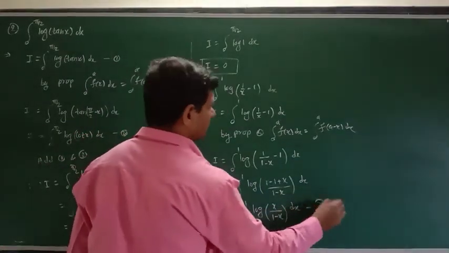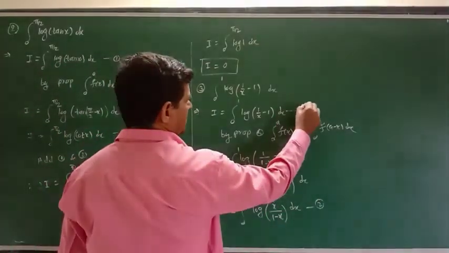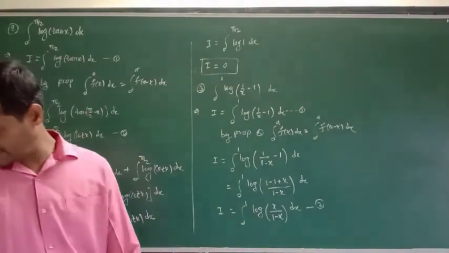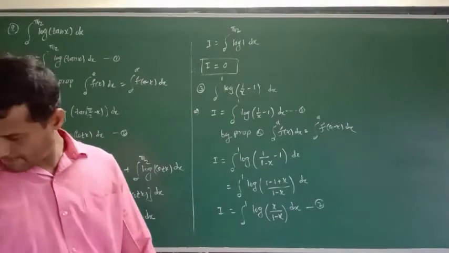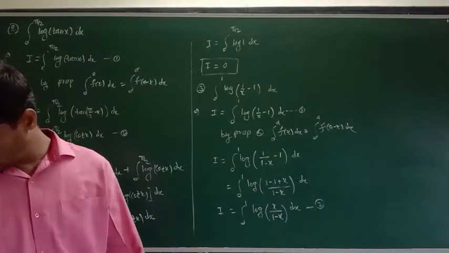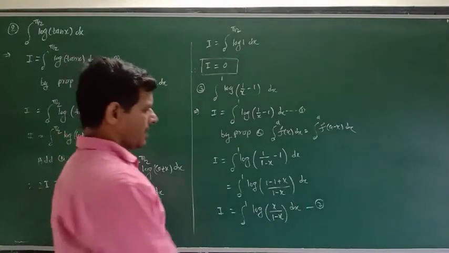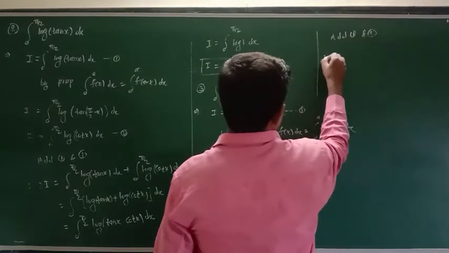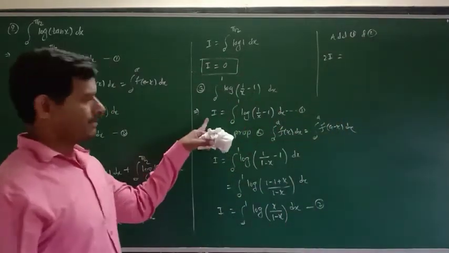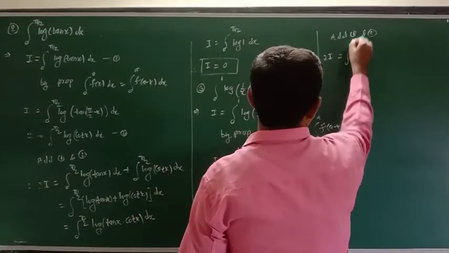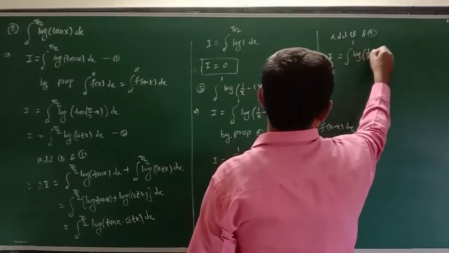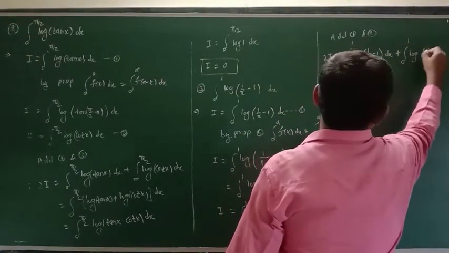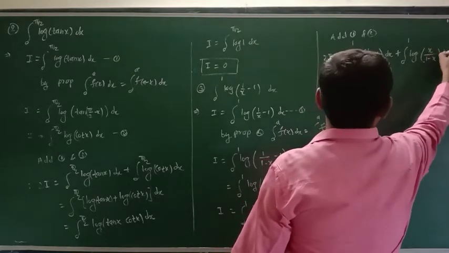I is equal to this; the first is equation first and this is the second equation. So if I add these two equations, adding first and second, on the LHS I get I plus I, 2I, and it is equal to integral from 0 to 1 of log of (1 upon x minus 1) dx plus integral from 0 to 1 of log of x upon (1 minus x) dx.